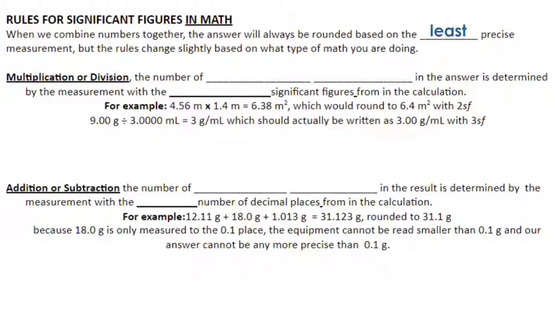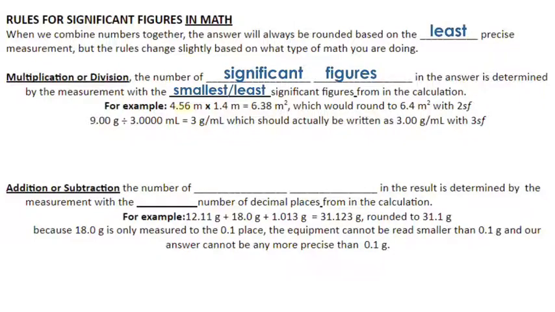We're going to round it based on the least precise measurement. So with multiplication and division, we are going to keep counting significant figures, and the SigFigs in our answer is going to be determined by the measurement with the smallest number of significant figures in the calculation. You can see this in action in that first example.